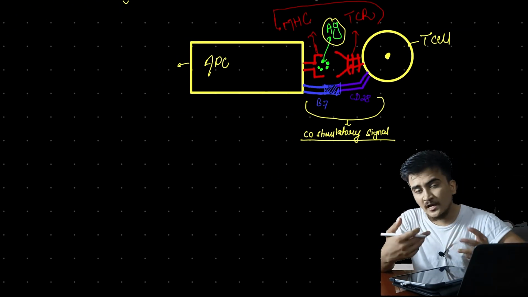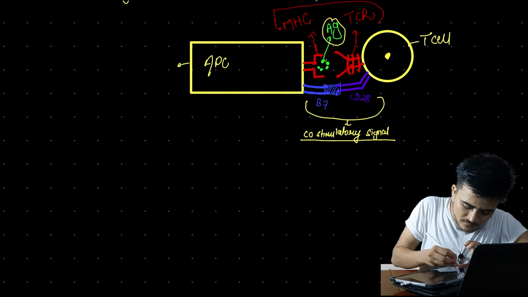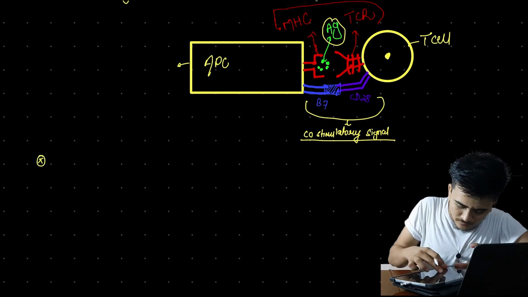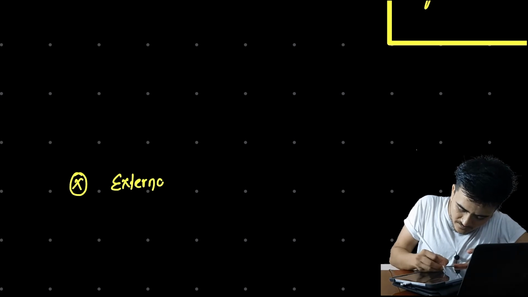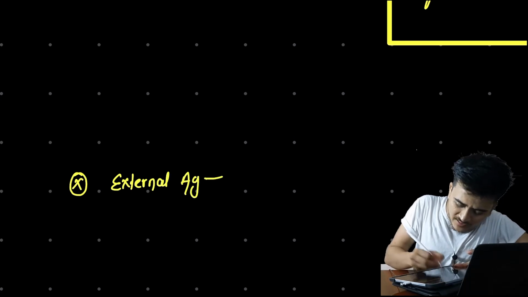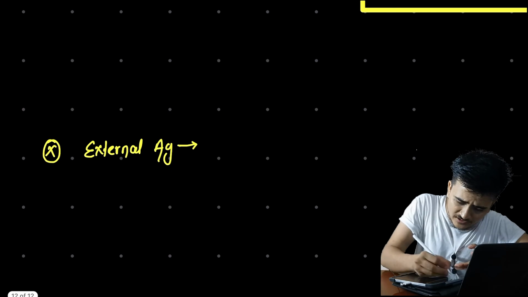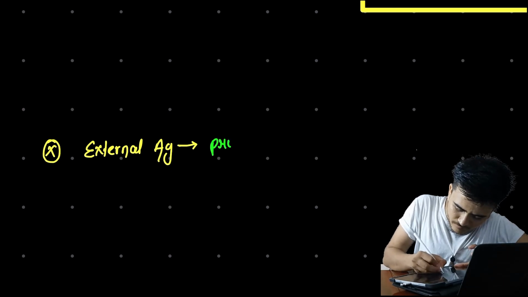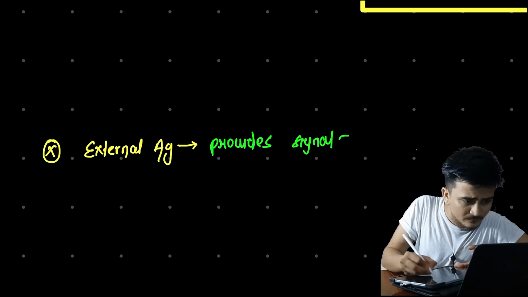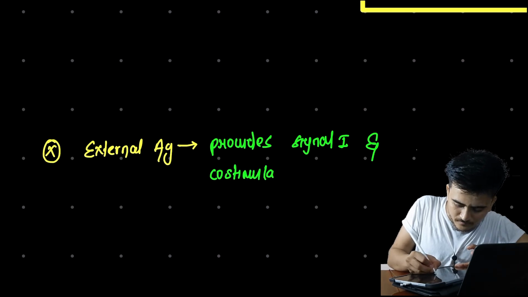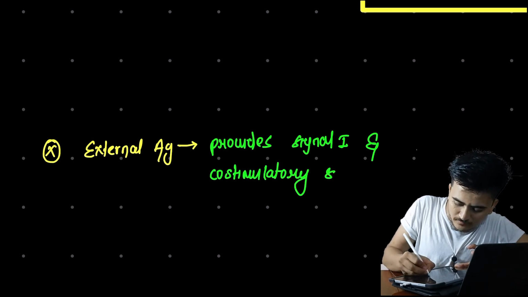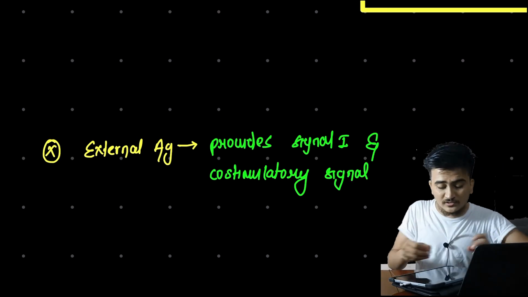Self antigen means within ourselves. What I said is that external antigen provides signal 1 and also the co-stimulatory signal. That was all about external antigen.